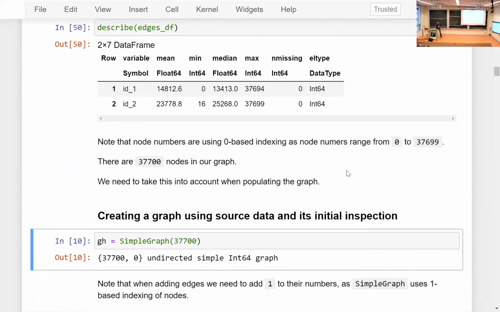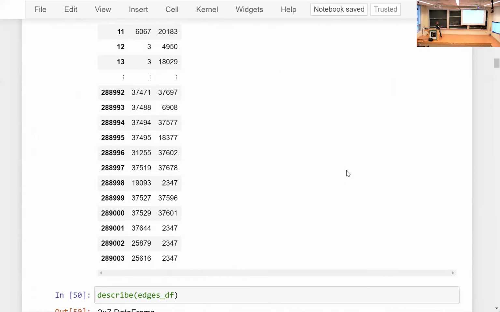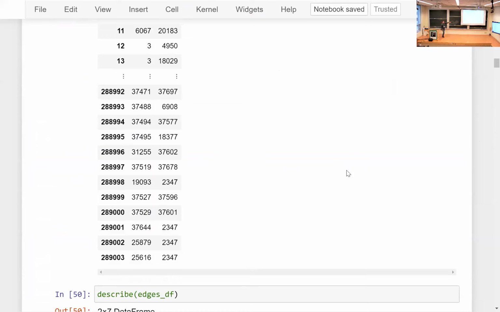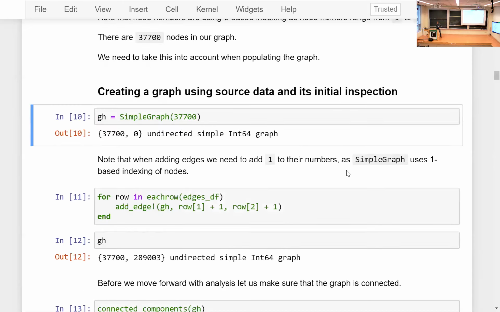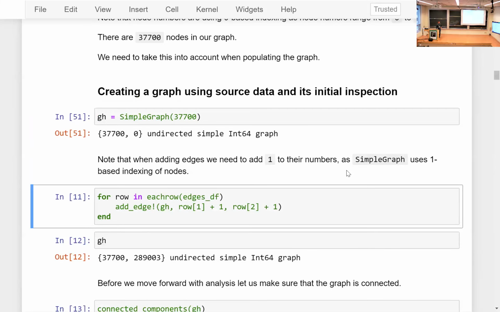So maybe one thing, okay, what we see is that we have around 300,000 edges in this graph. And why is it relevant? Because first I create an empty graph, and then I add those 300,000 edges to it.